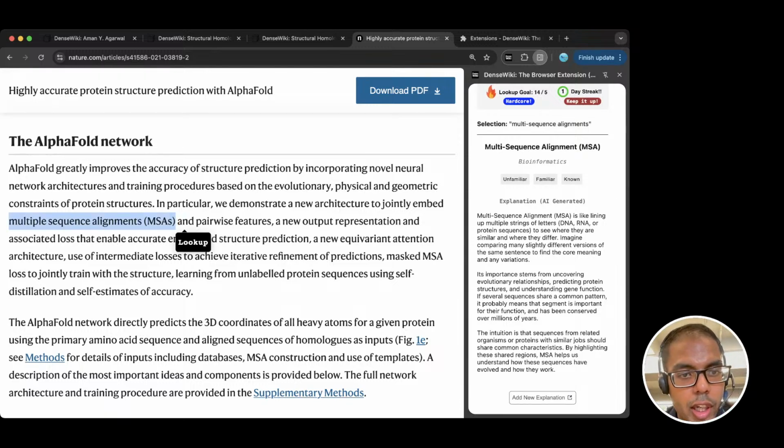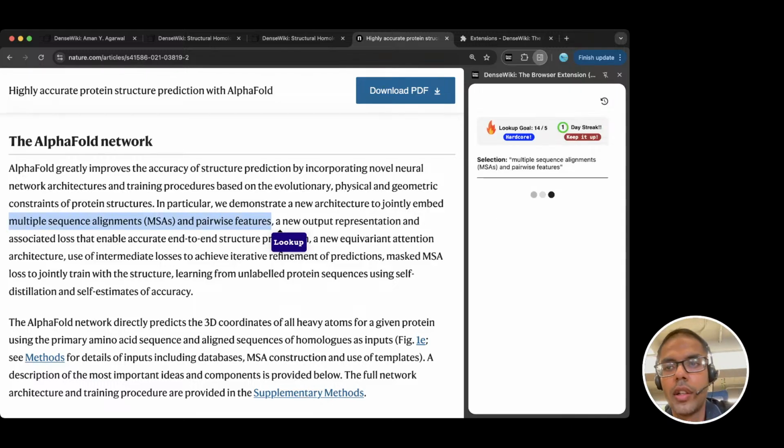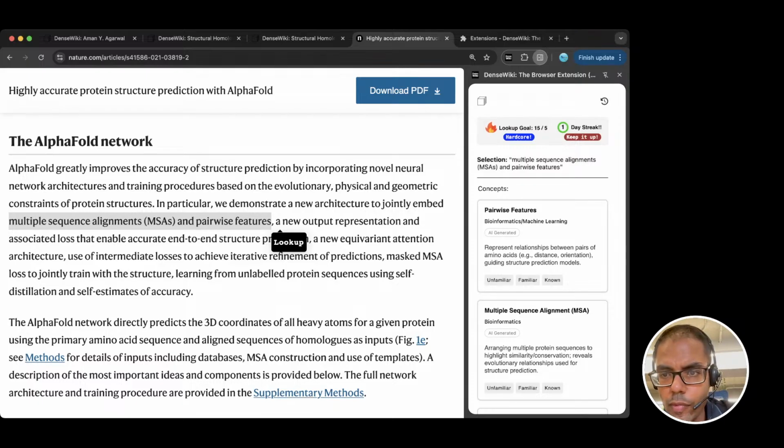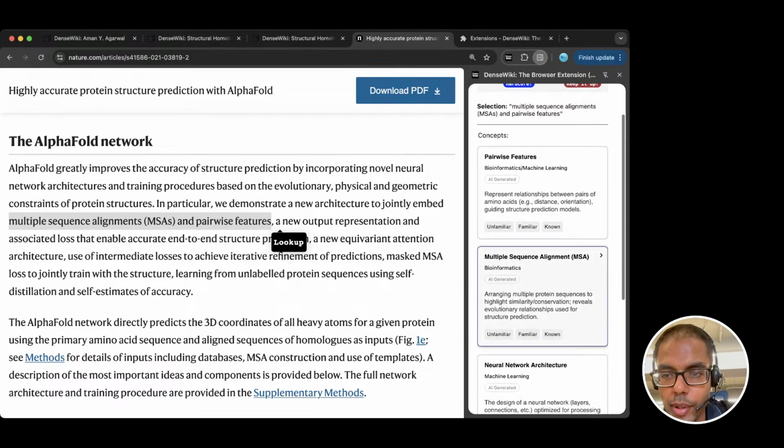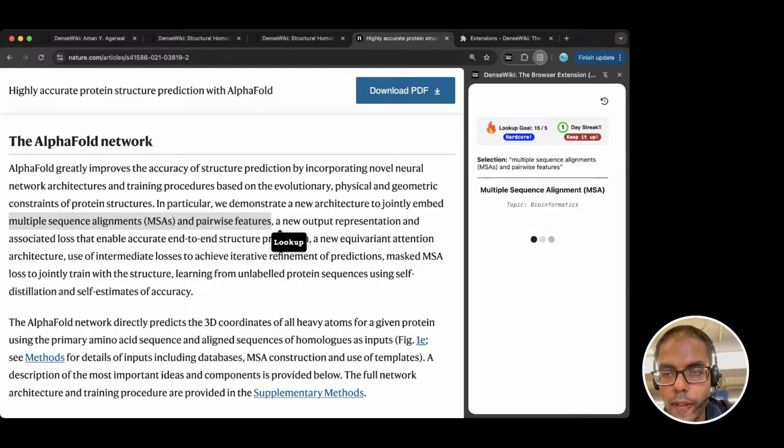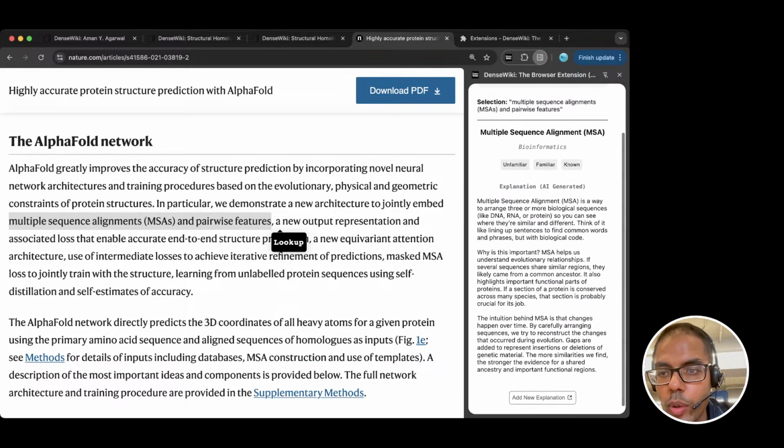Let me actually just look this whole thing up once for freshness. Okay, PRS features and multiple sequence alignments. It's a way to arrange three or more biological sequences so that you can see whether they are similar or different.